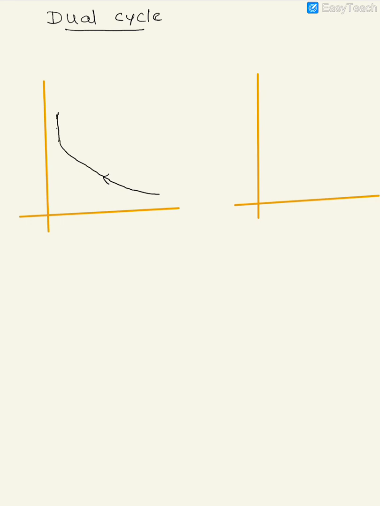I am quickly drawing this PV diagram similar to the Otto cycle, but then there is a constant pressure heat addition similar to the diesel cycle, and then there is an isentropic expansion similar to both the cycles, and finally there is a constant volume heat rejection.